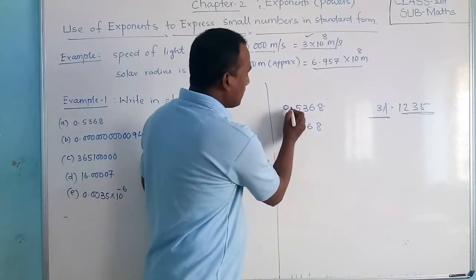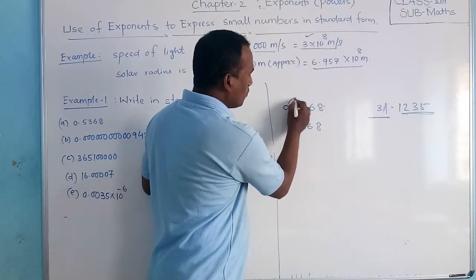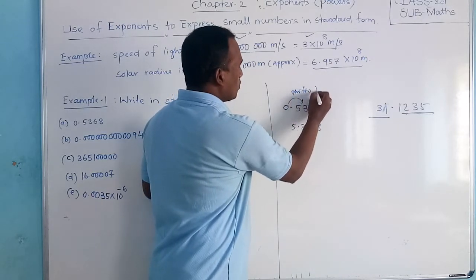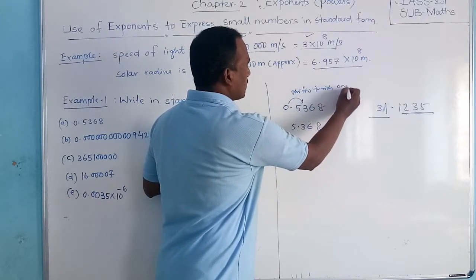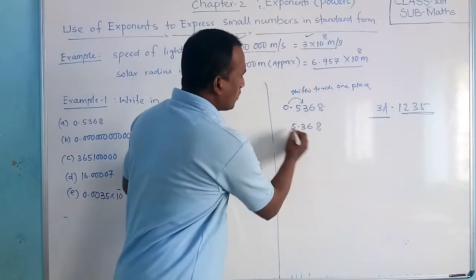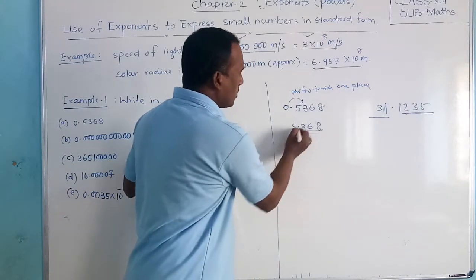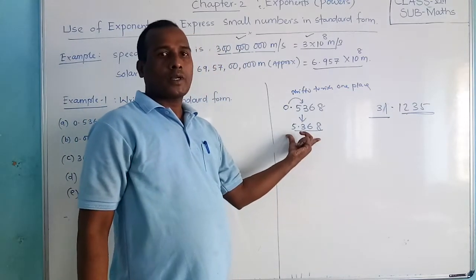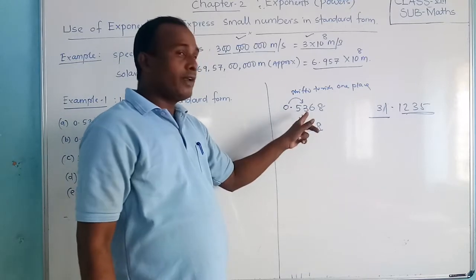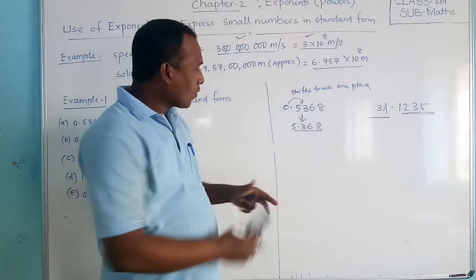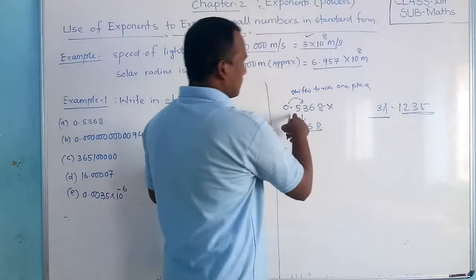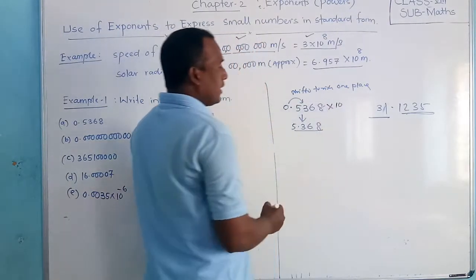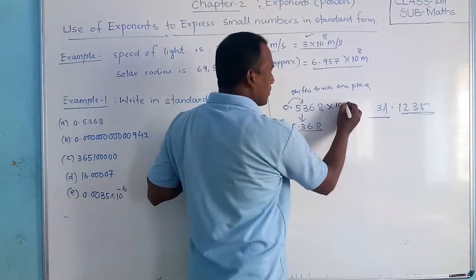So the decimal should be shifted to the right by one place, and the result will come like this. Now it is in standard form. Now, whenever we need one place, we have to multiply by 10. If we need two places, then we have to multiply by 100.